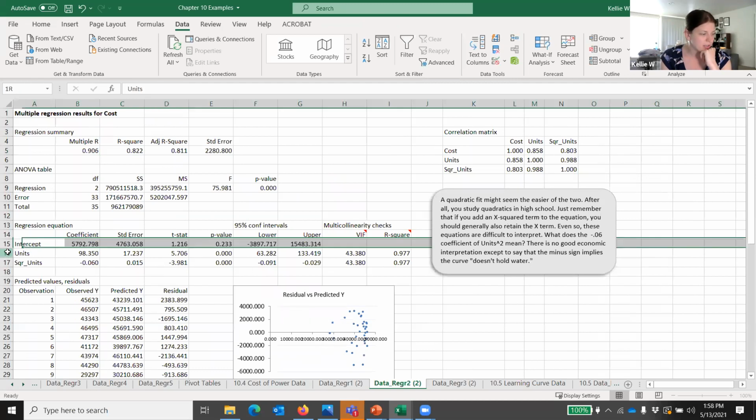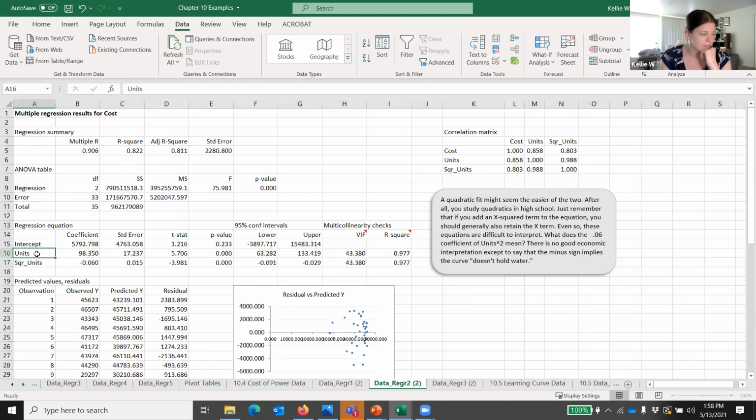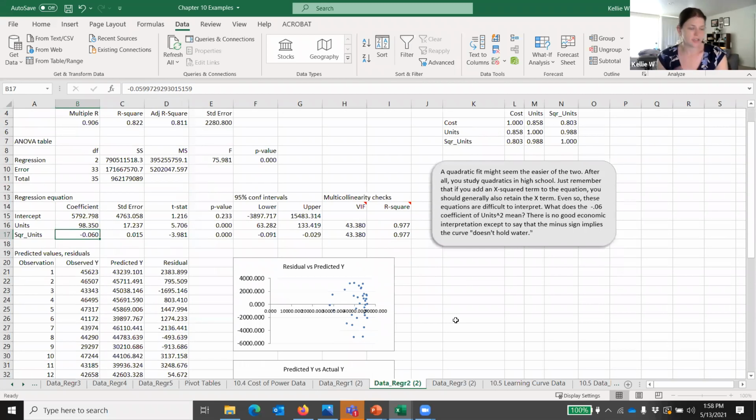But now look, we have to run multiple regression when we do quadratic on the units and the squared units, so that we can get the coefficients. So we have y equals 5,792 plus 98.35x minus 0.06x squared. So the larger that x gets, the more units we order, the bigger this factor becomes.